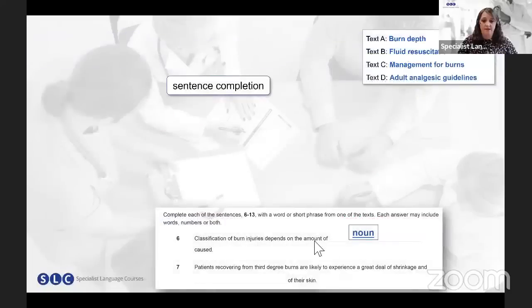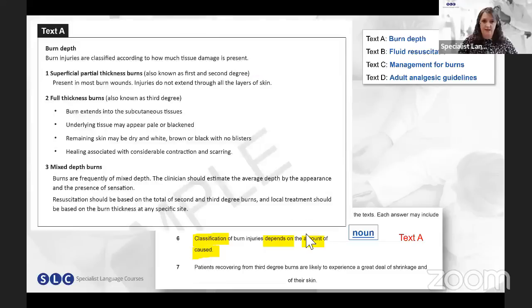All right, so we have got number 6, our sentence completion. We've got our keywords here. We know we're looking in text A. So let's take a look at our text. We know we're looking at classification and the amount of caused.